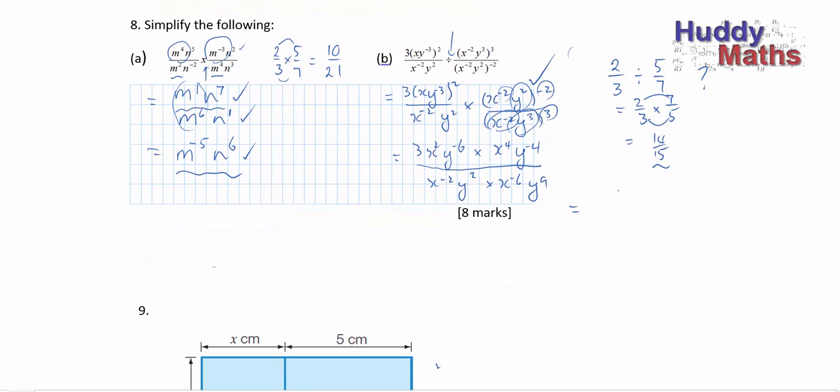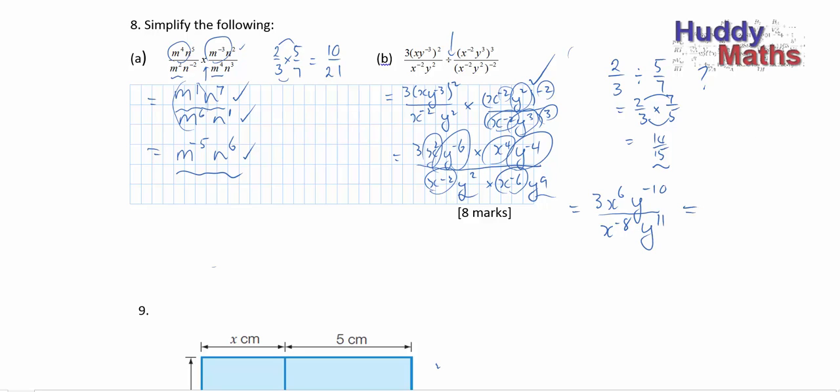So let's do the top line now. 3 times, now, x squared by x to the 4th is x to the, add the powers, y to the -6 times y to the -4, add the powers, further down the number line, go -6 to the left of the origin, and then another -4, x to the -2 times x to the -6, add the powers, further down the number line, x to the -8, y squared by y to the 9, y to the 11.